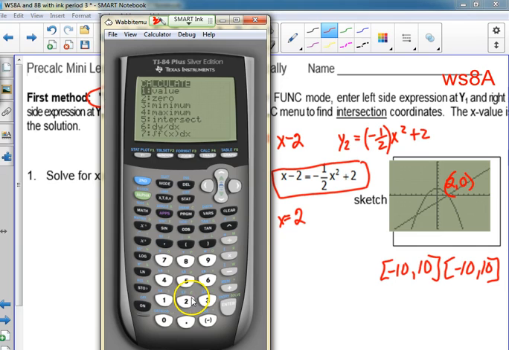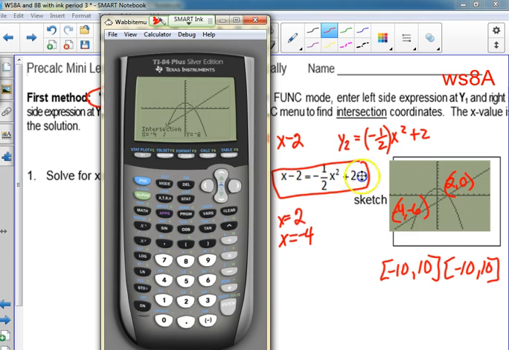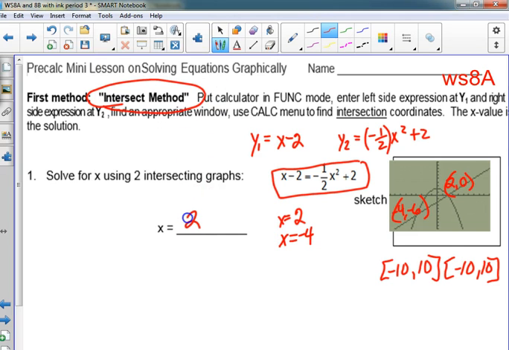It should say intersect when you're done. So there, it says intersection is at negative 4, negative 6. And again, the fact is that x equals negative 4 will make each side equal to negative 6, so they will be equal. So the two solutions are x equals 2 and negative 4.